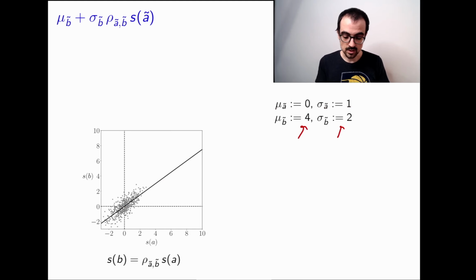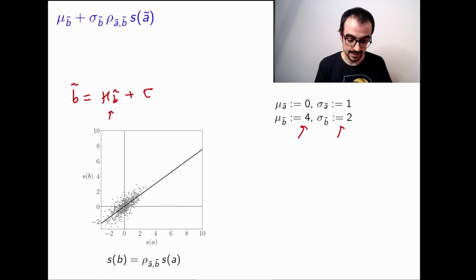Well, in that case, we remember that we can obtain B from S of B by adding the mean, and scaling S of B by the standard deviation. Okay, we know that this holds.